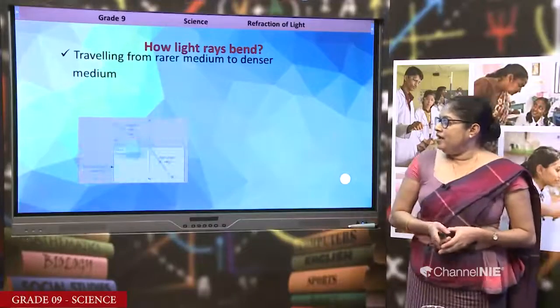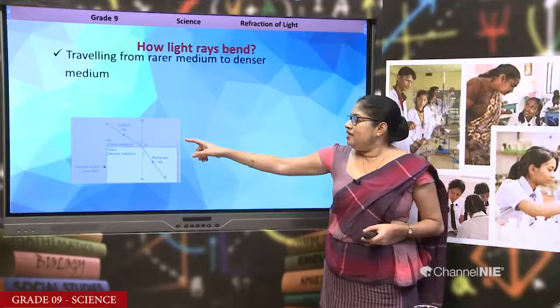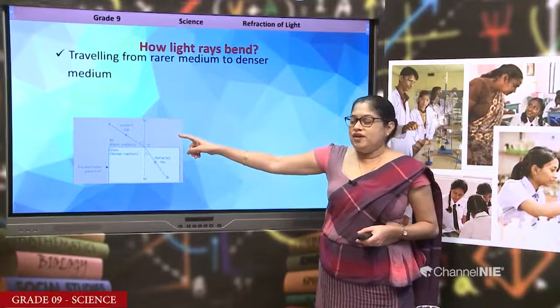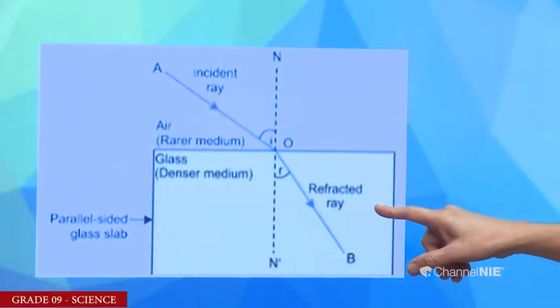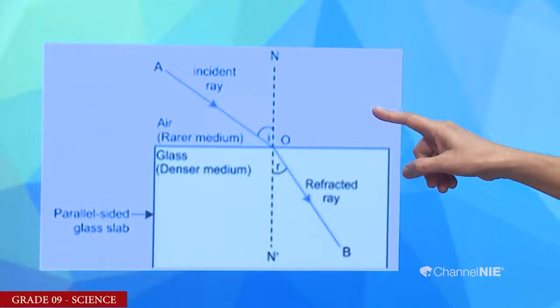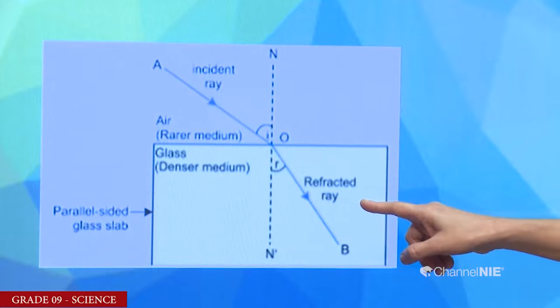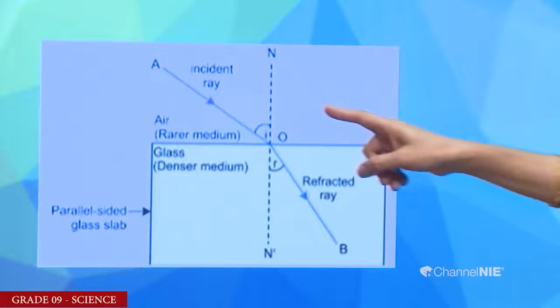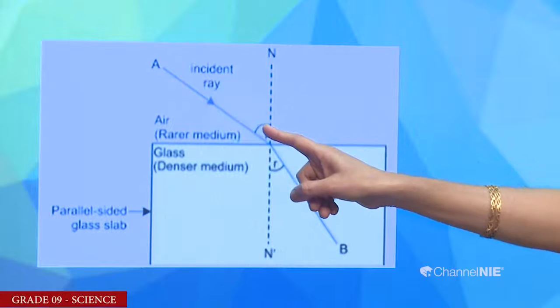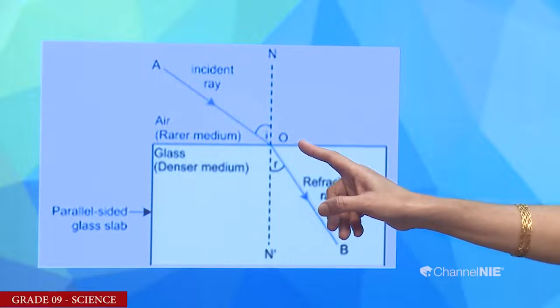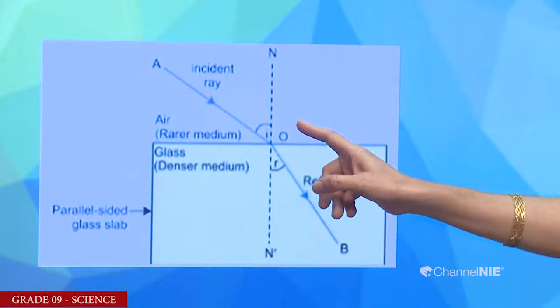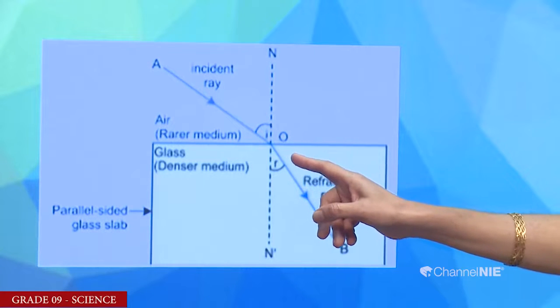Let us see how light rays are travelling from rarer medium to denser medium. This diagram shows how a light ray is travelling from a rarer medium to a denser medium. The rarer medium we used here is air and the denser medium is glass. You can see the light ray is coming from the rarer medium and it strikes on the interface at the point of incidence.